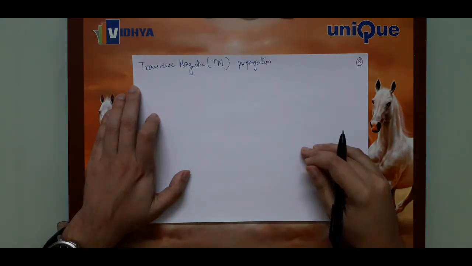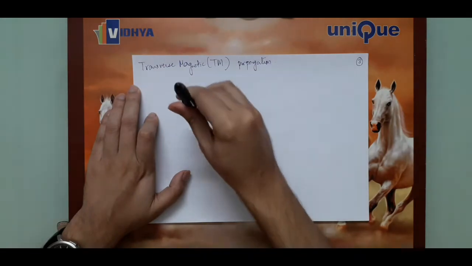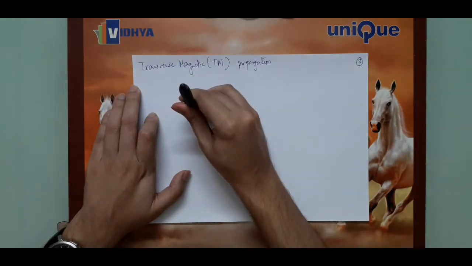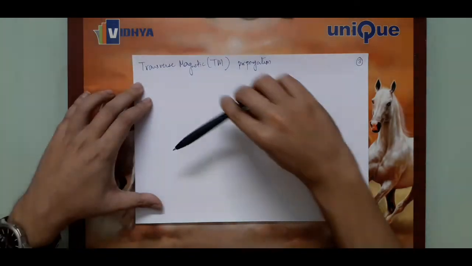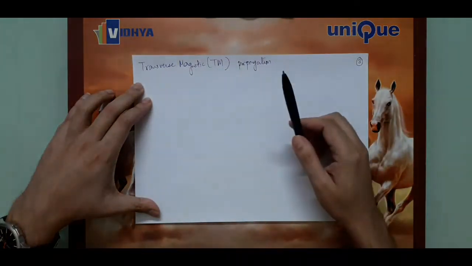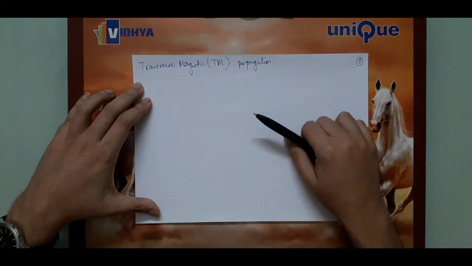Now, when the propagation was transverse electric, the electric field vector was perpendicular to the plane of the paper. In the case of transverse magnetic, the electric field will lie on the plane of the paper, and it is the magnetic field which will be perpendicular to the plane of the paper.